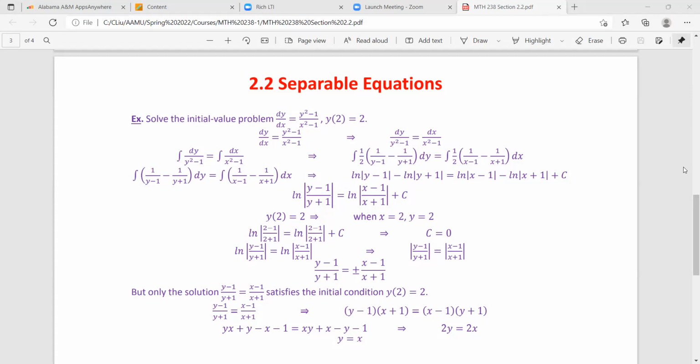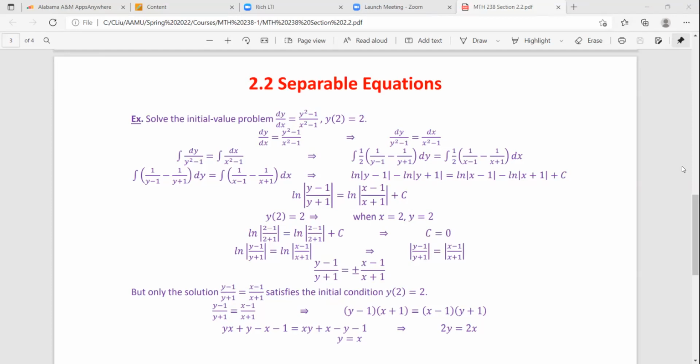All right. So to separate the equation, it's relatively simple. We got y squared minus 1 over x squared minus 1. So you can easily separate them to the left and right.